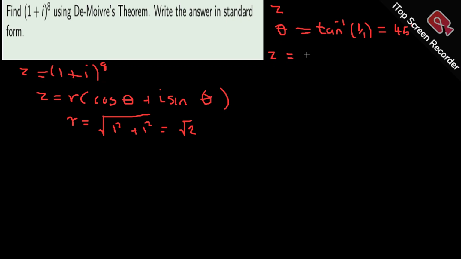So the polar form is going to be root of 2 times cos theta, which is 45, plus i sine theta, which is 45, and this is raised to the power 8.